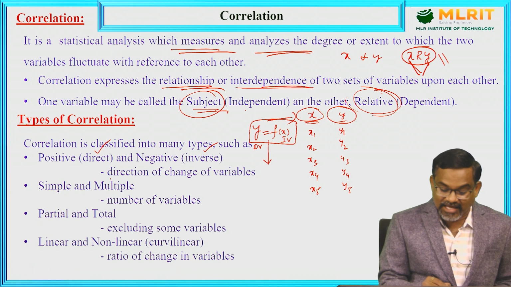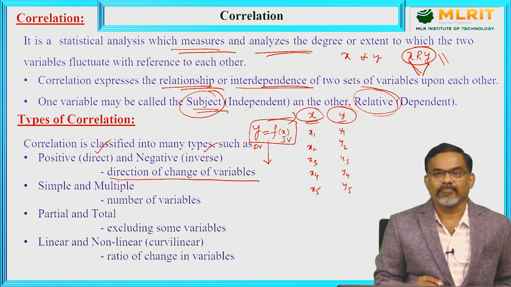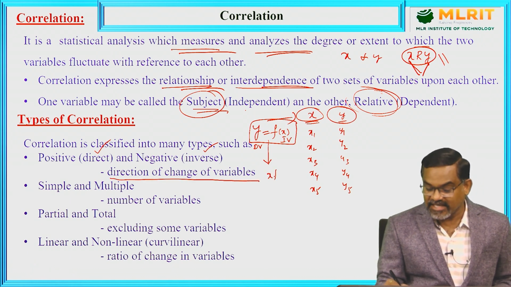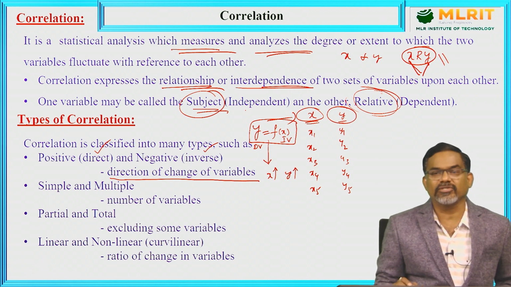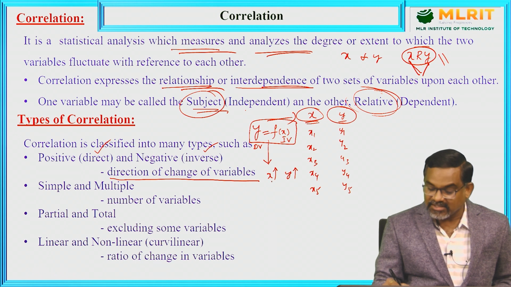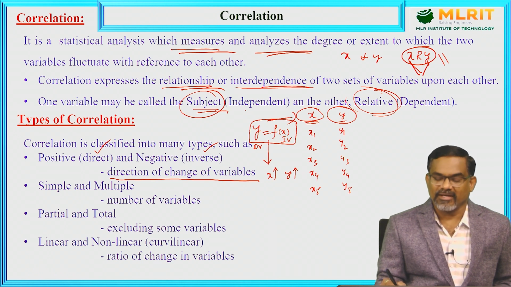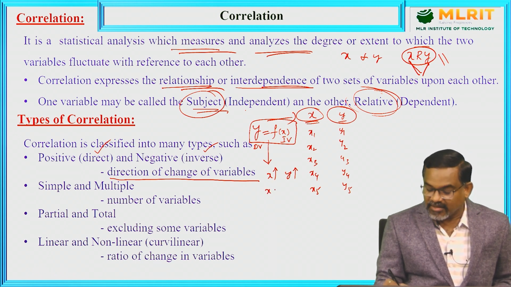That is the direction of change of variables. For example, as x increases, y also increases, then the correlation is positive because here the direction is the same. Similarly, as x decreases, y also decreases.